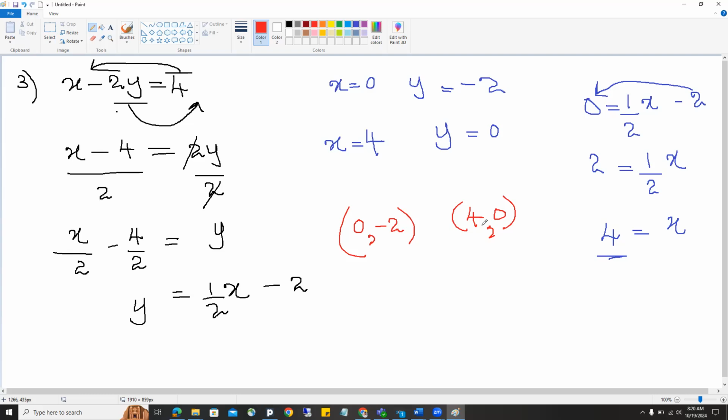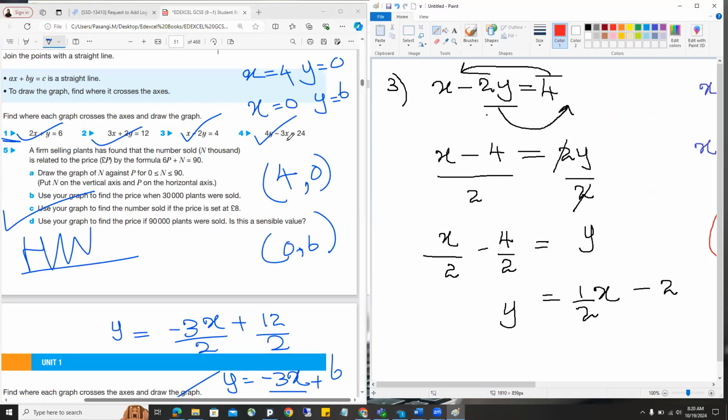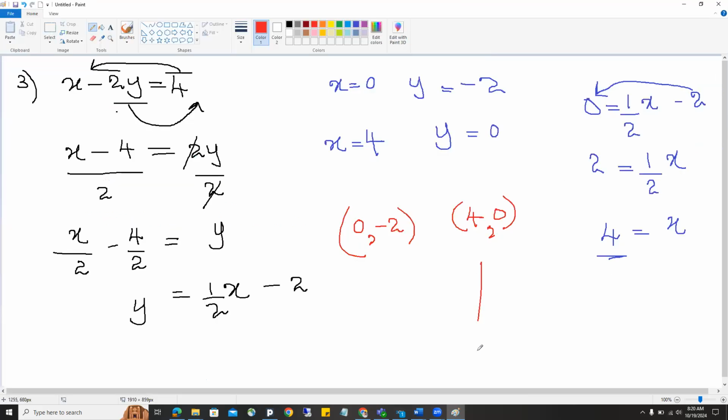Okay, Miss. The last one. Do the fourth one as well. Did you draw the graph? Miss, the minus is coming, so to the other side, upside down.